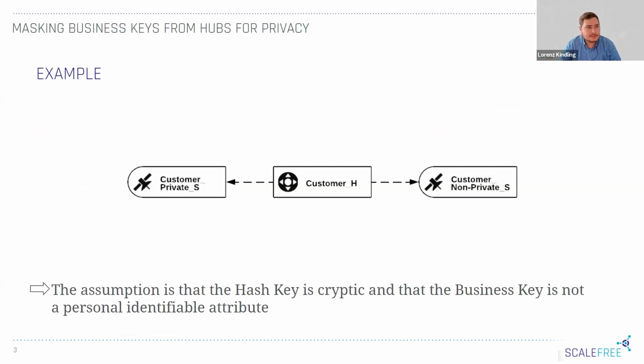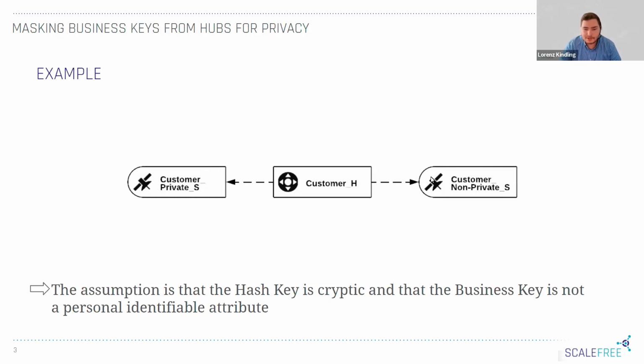And in Data Vault, we do so-called satellite splits, and we split the describing attributes into personal and non-personal data. So for example, the name and the address go into the personal satellite because it's person-related information, and information like the country or something like that goes into the non-private satellite.